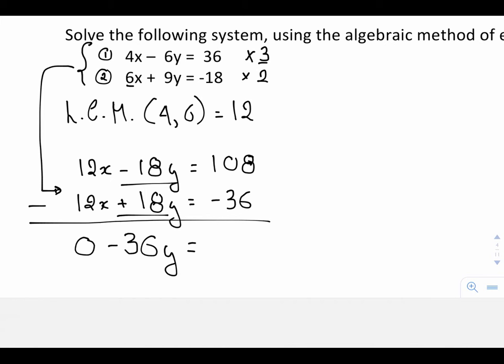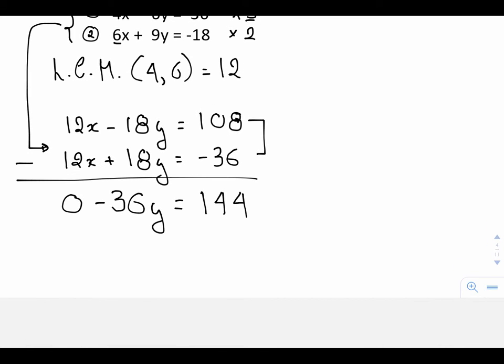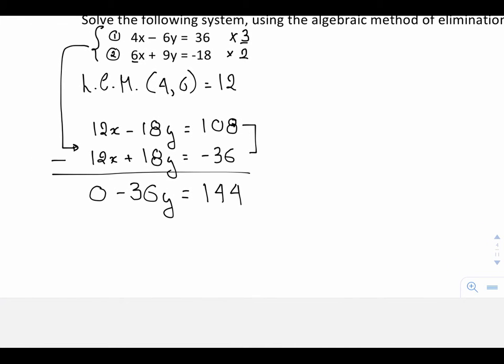If you're uncertain of why that's the case, you do need to review your operations with integers. And lastly, I have the 108, and I subtract negative 36, which has the net effect of adding 36, and I get 144. So what I'm left with here is negative 36y equals 144.